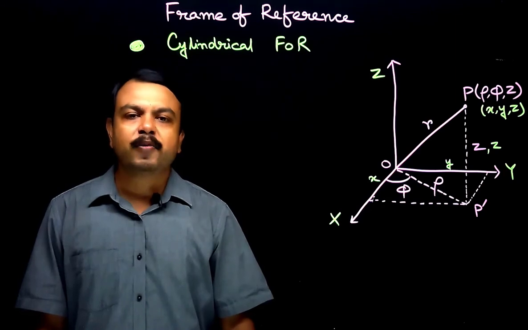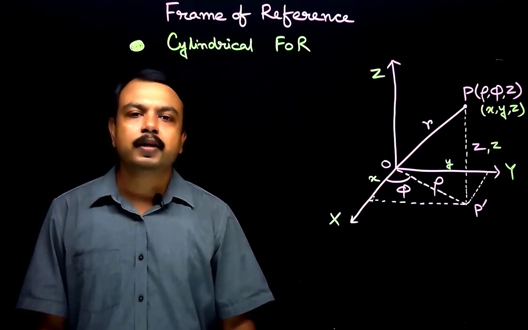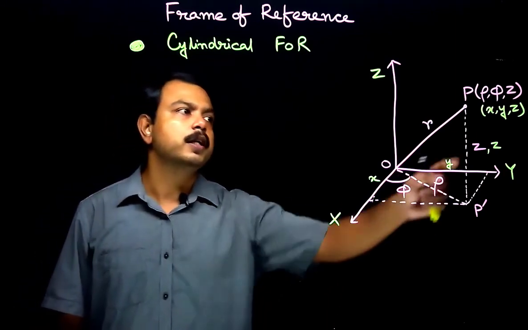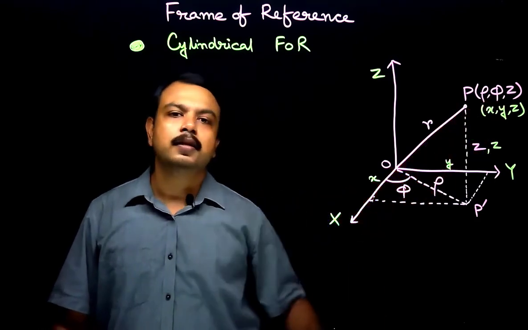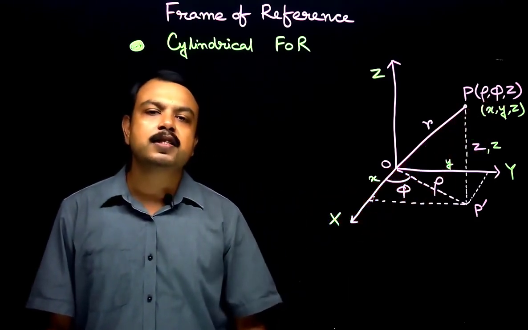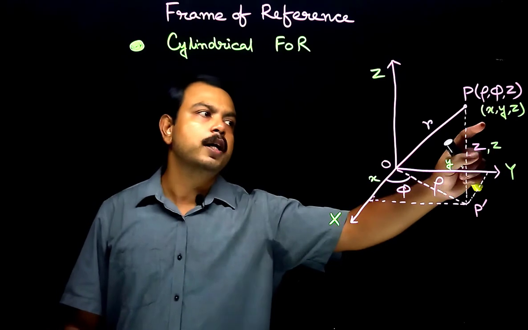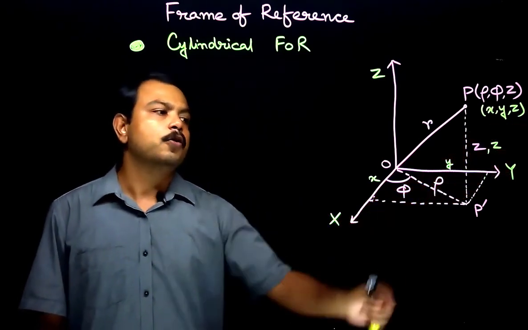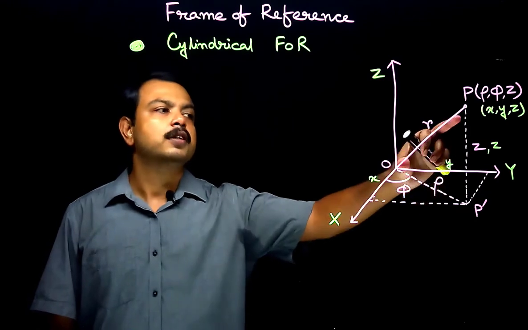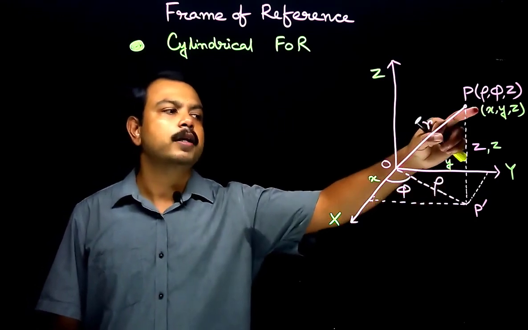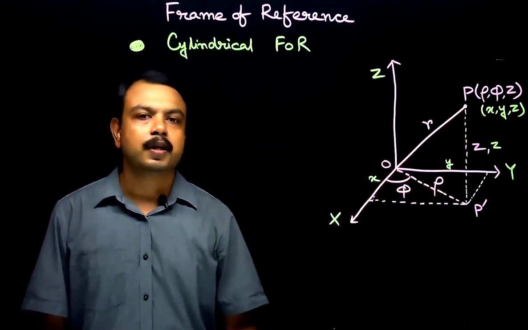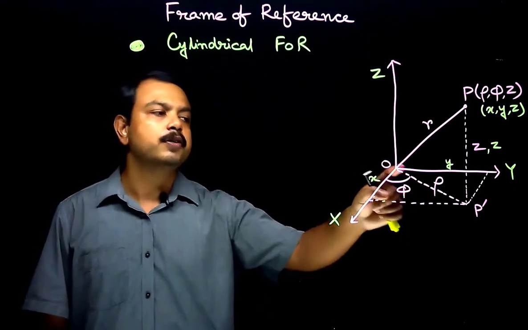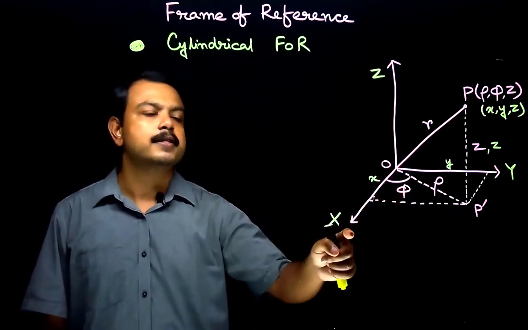In cylindrical frame of reference, the location of the point can be represented with the coordinates rho, phi and z. The equivalent representation of the same point is also shown here for Cartesian coordinate system. Here, rho is the projection of the line joining origin to the point on the horizontal plane, and phi is the angle between the projection and the x-axis.